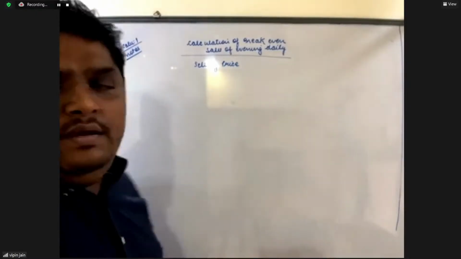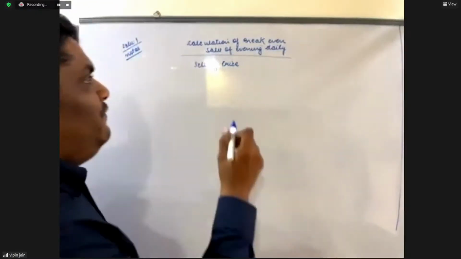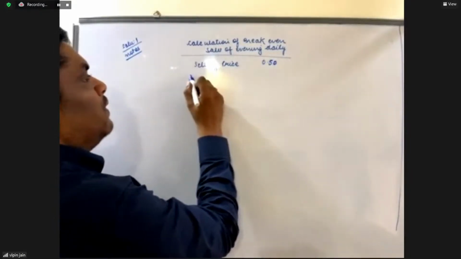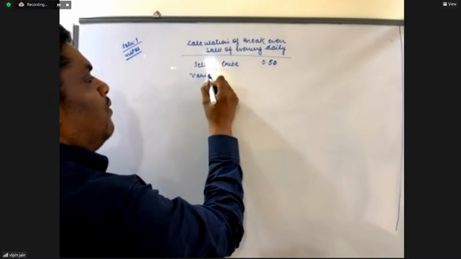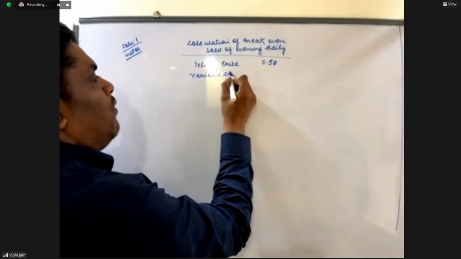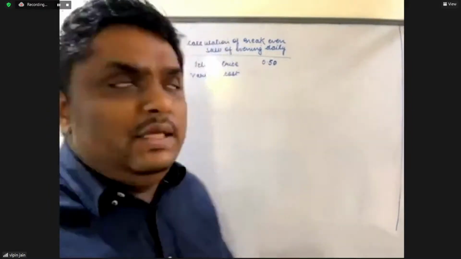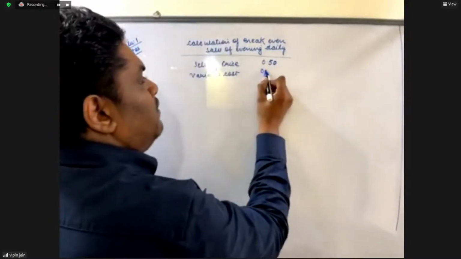Selling price is given, that is 0.50 per paper. Variable cost is given, that is 0.22 per paper.